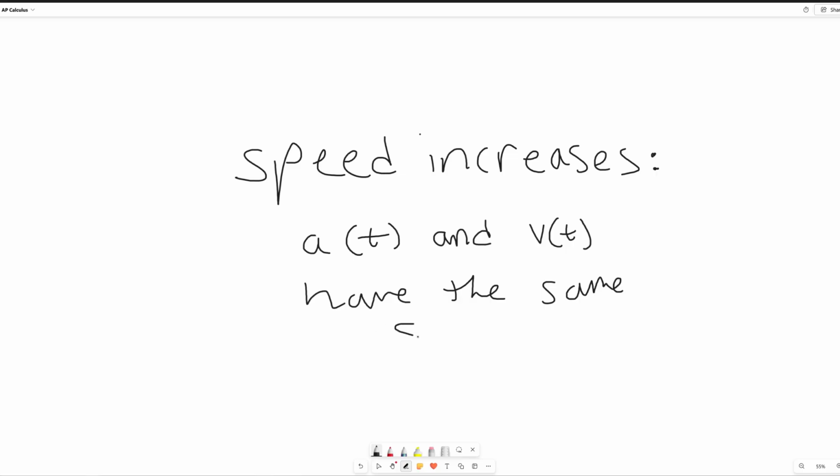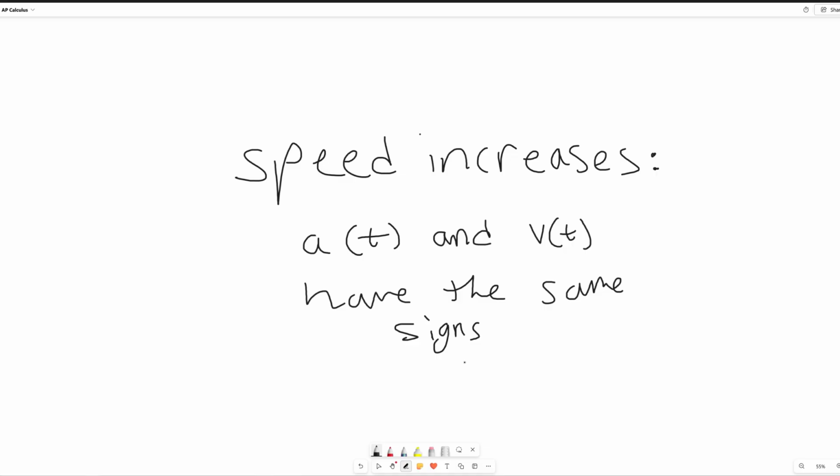So, sometimes it will ask you whether the particle speed is increasing or decreasing at t equals 2. What you have to do then is find the velocity at 2, find the acceleration at 2. It doesn't matter what numbers they are.